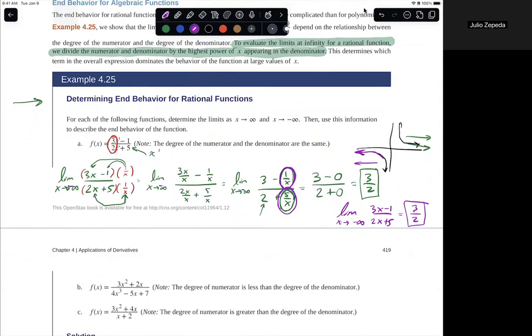Okay, so what about if the degree of the numerator is less than the degree of the denominator? Let's take a quick look at that.